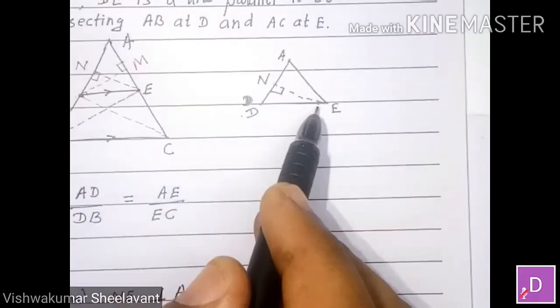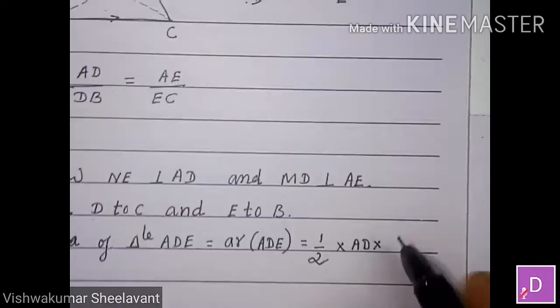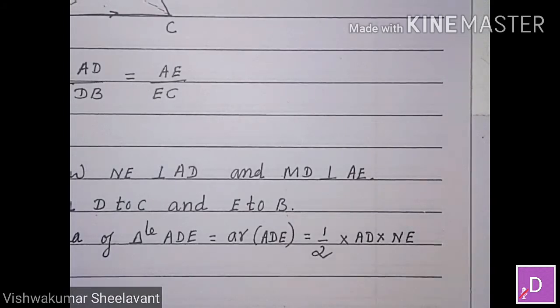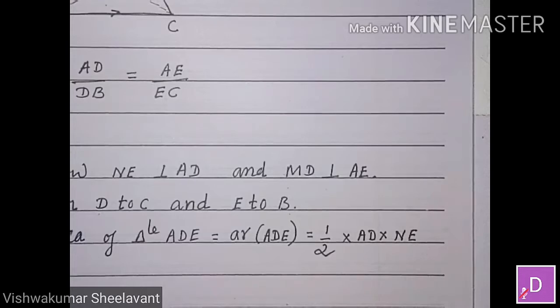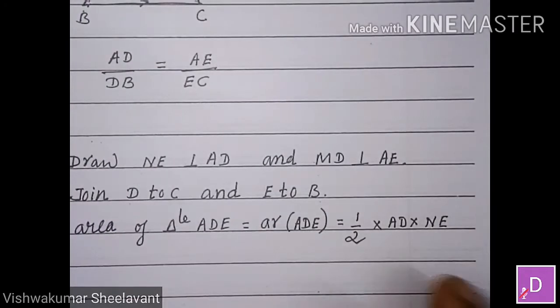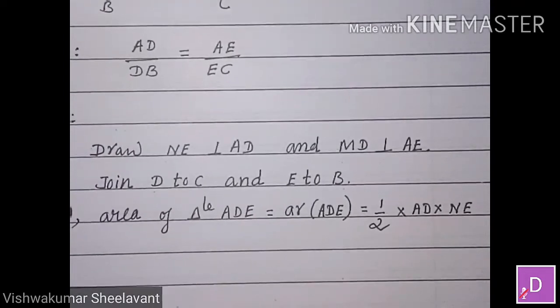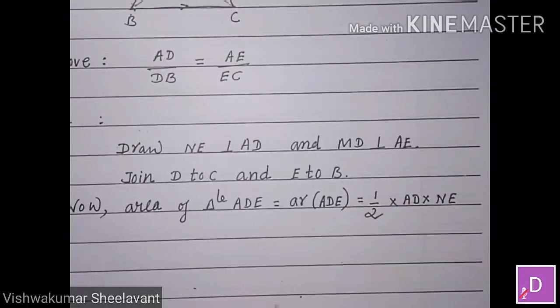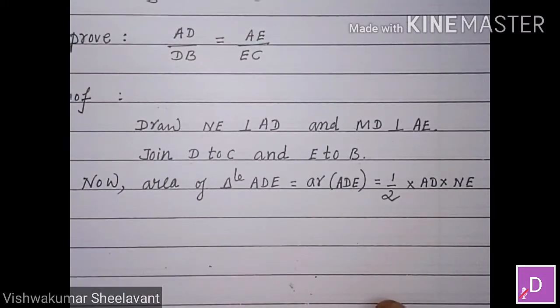Perpendicular drawn to the base from the opposite vertex. That is NE or EN. You can write it according to your wish. Both mean same. Length remains the same there. Have you all written? Next.